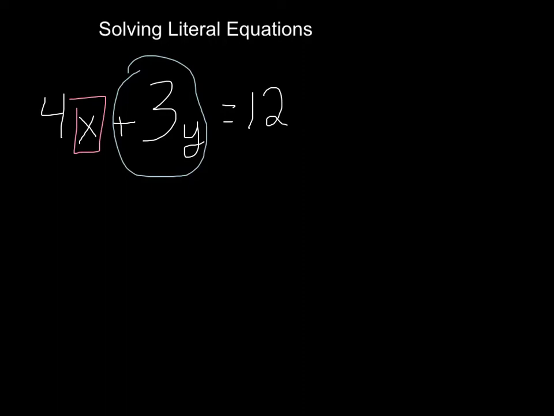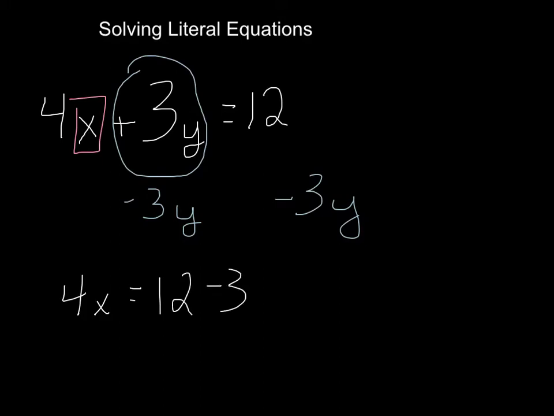Since it's positive 3y, I'm going to subtract 3y to the other side, and now I have the equation 4x equals 12 minus 3y. I'm going to leave those two terms separate since 12 and 3y are not like terms.